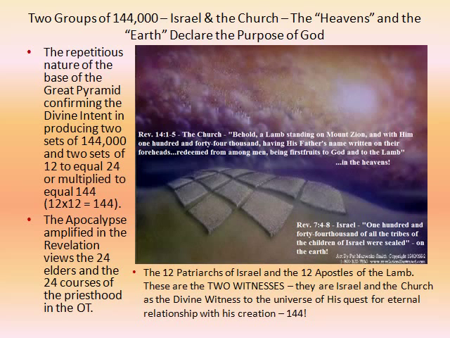And then again we read in Revelation chapter 14, verses 1 through 5, the church: behold, a Lamb standing on Mount Zion, and with him 144,000, having his Father's name written on their foreheads, redeemed from among men, being firstfruits to God and to the Lamb in the heavens.